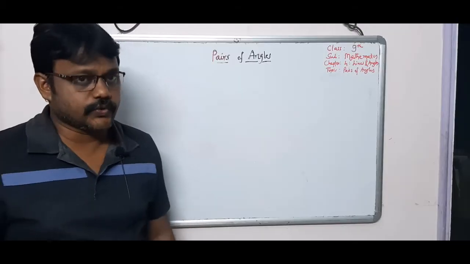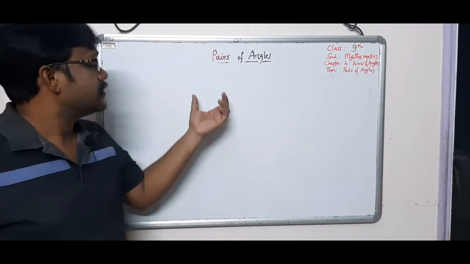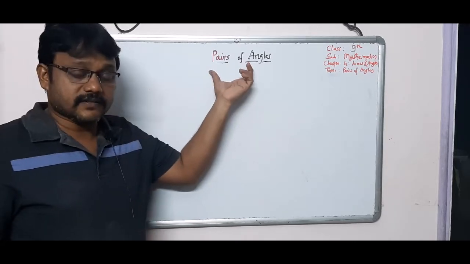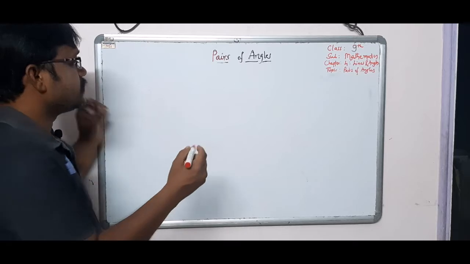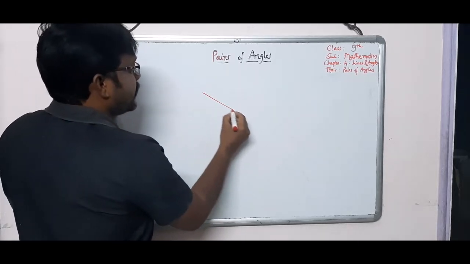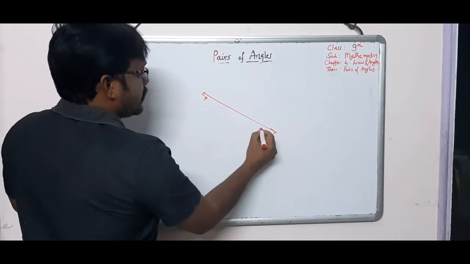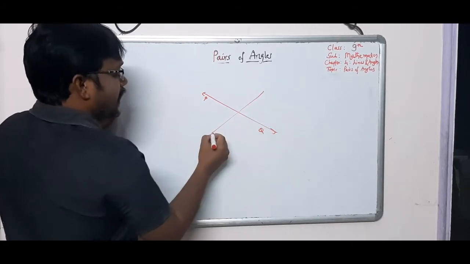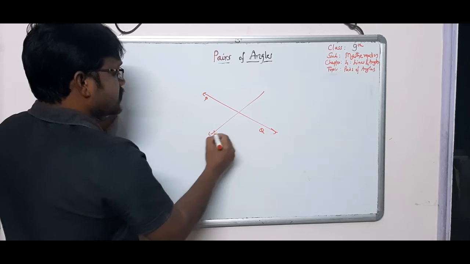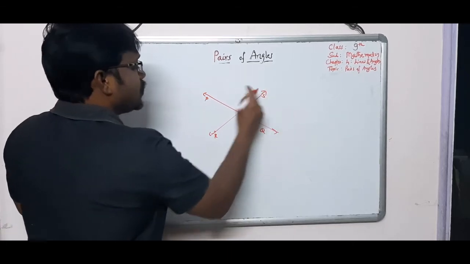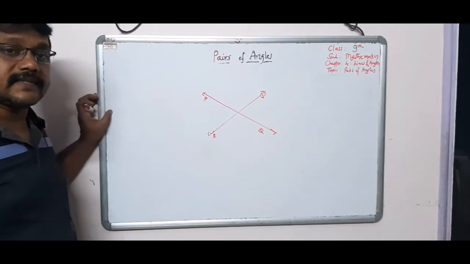Let me introduce you to the last pair for this session in this pairs of angles class. Suppose a line PQ and a line RS are intersecting lines.